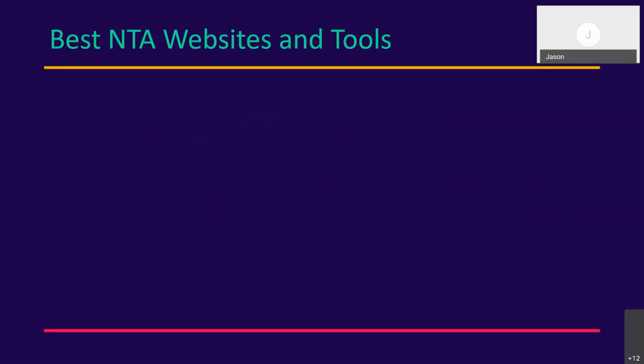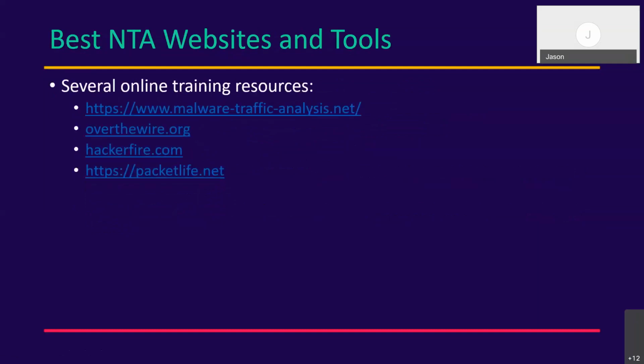All right, so there are a bunch of websites and tools and resources that you can use. Some of the best ones for online training resources, number one by far, is malwaretrafficanalysis.net. That website has a bunch of different challenges that are built by a professional.